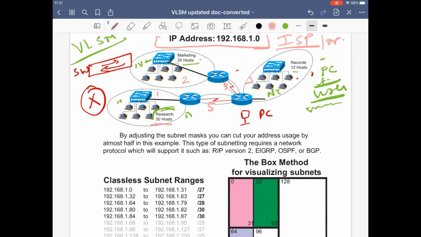Now here, our first target is 30 hosts. We will solve for 30 hosts. Just give me 1 minute.